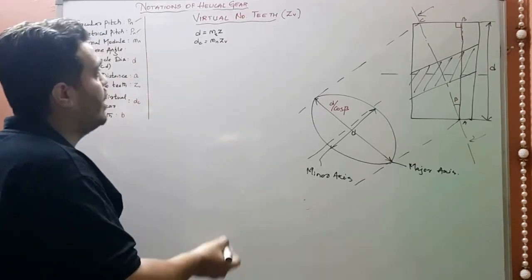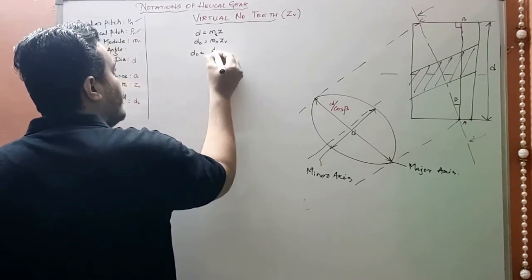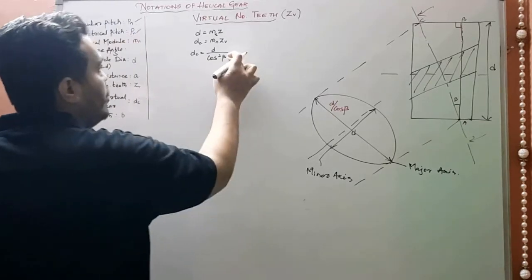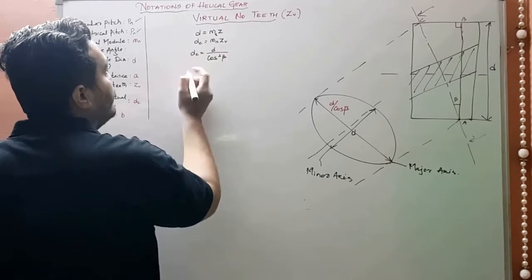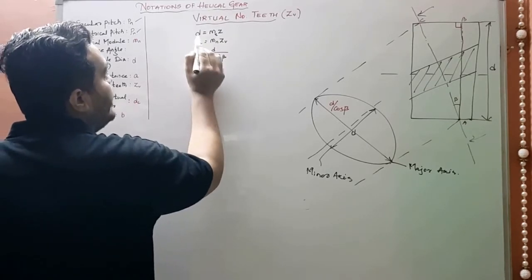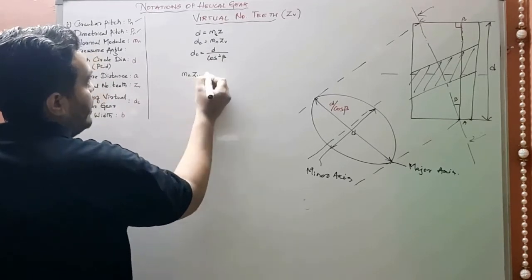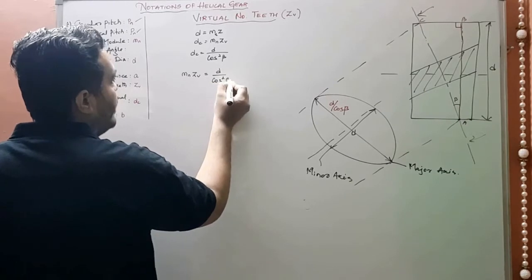We have an equation we have solved, that is DC is equal to D by cos square beta, right? So we have to substitute this into that equation. So Mn into ZV is equal to D by cos square beta, right?